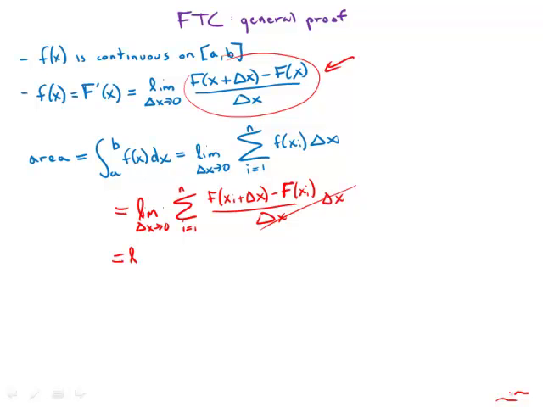Well, let's think about what that means. We still have a limit as delta x goes to 0.